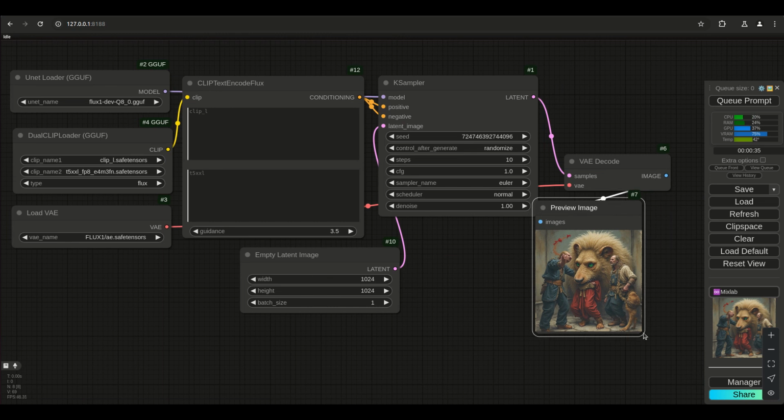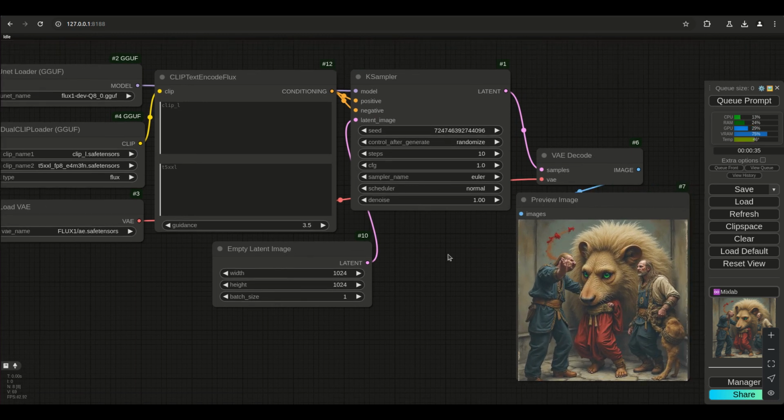All right, let me expand this out really quick. Okay, so we'll do our standard thing. A parrot wearing a birthday hat. Yeah? Okay, let's just go with that.